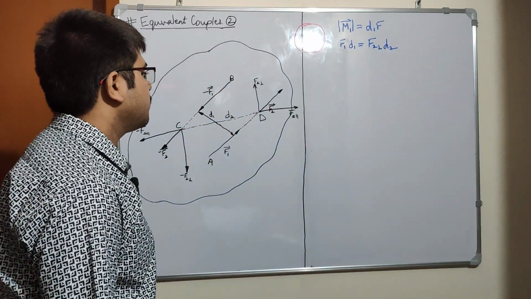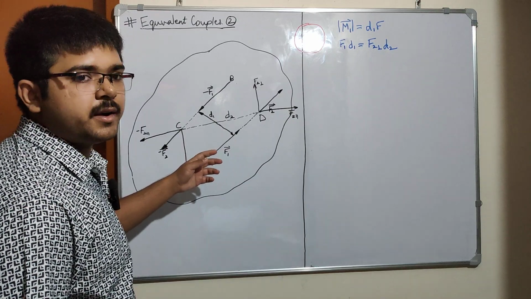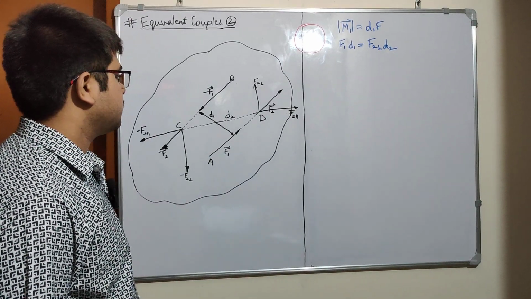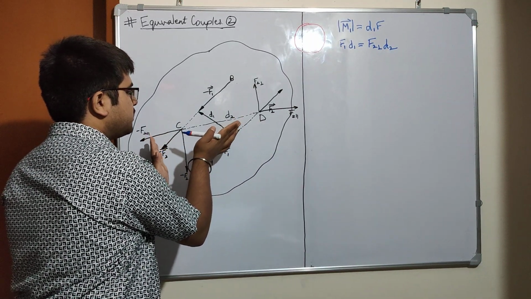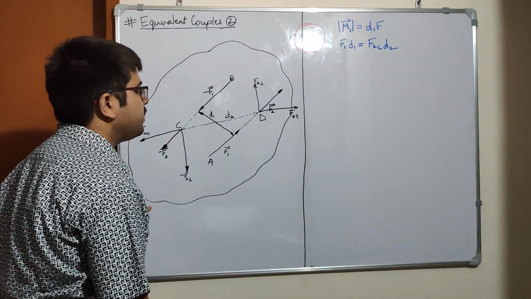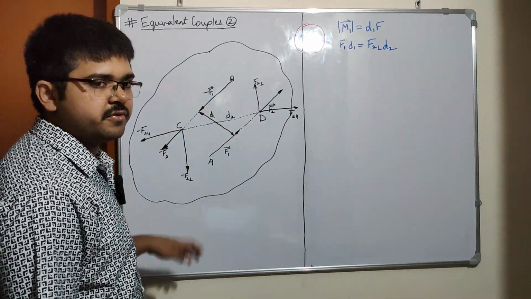So that's how we see that the moment is the same, as these two vectors, when I separate them farther apart, will create the same moment as F1 and minus F1.